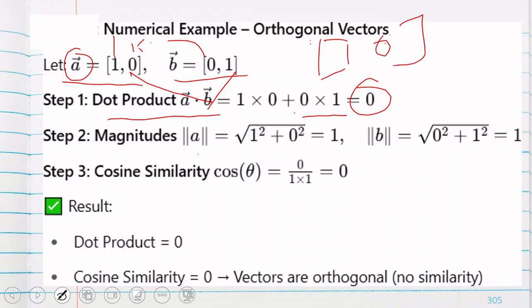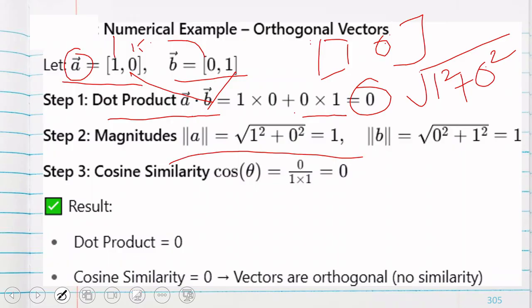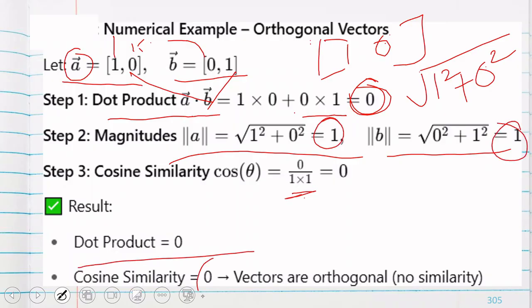So you have to square all the terms, then add them, then take the square root. That is the magnitude. Norm is 1. Similarly, you take B. So cosine is A dot B, that is 0, divided by norm of A into norm of B, which is 1 into 1, that is 0. Dot product is 0. Cosine is 0, which means vectors are orthogonal. There is no similarity.